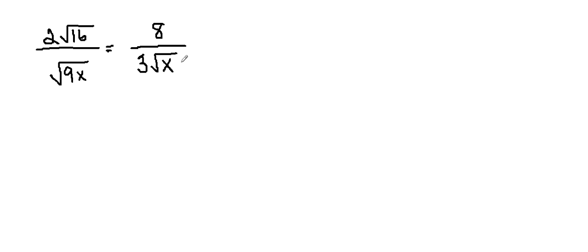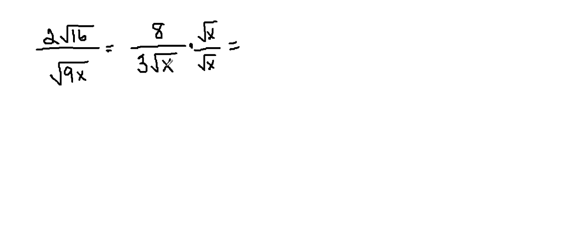I'm not done yet because I have a radical in that denominator. So again, I want to multiply top and bottom this time by the square root of x. Okay, so what does that give me?